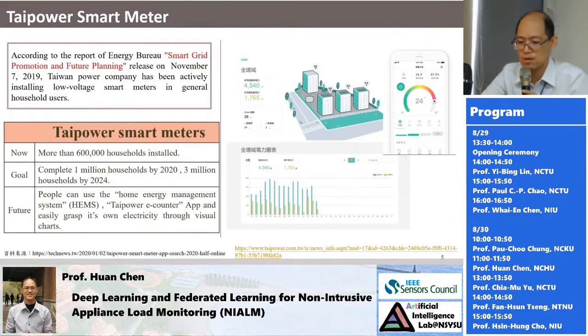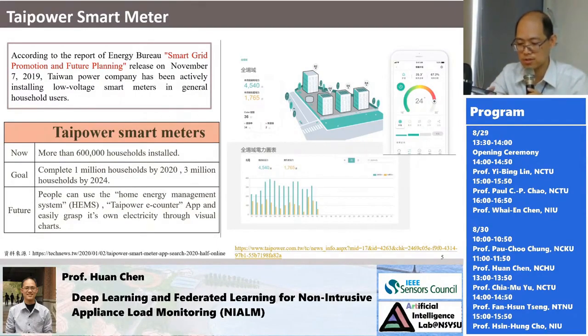For example, in Taiwan, Taipower is the biggest company, and they have smart meters installed. According to a report of the Energy Bureau in Taiwan on smart grid promotion and future planning, published in 2019, Taipower has actively installed low voltage smart meters in general household users.